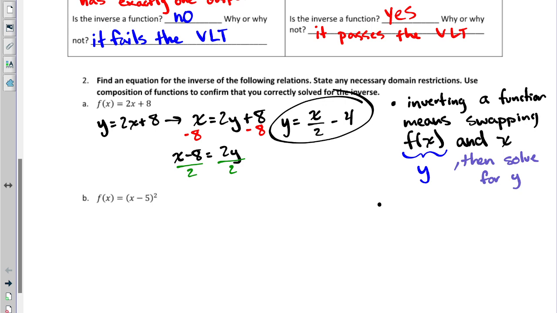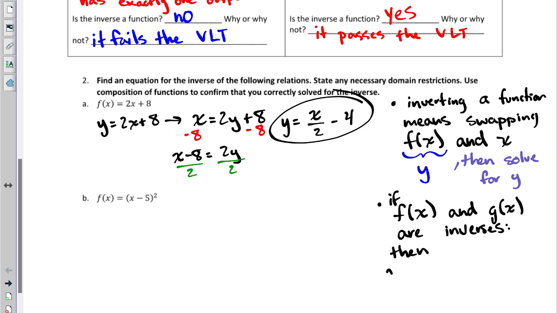If f of x and g of x are inverses, then f of g of x, meaning if I plug a function in for the input, has to be equal to g of f of x, which has to be equal to x.